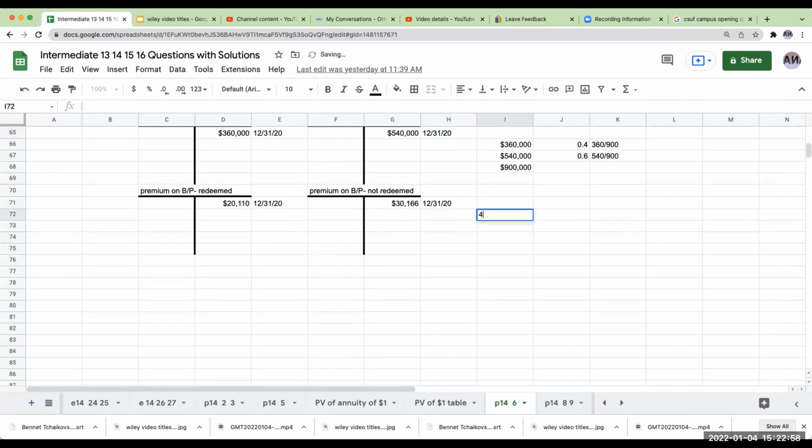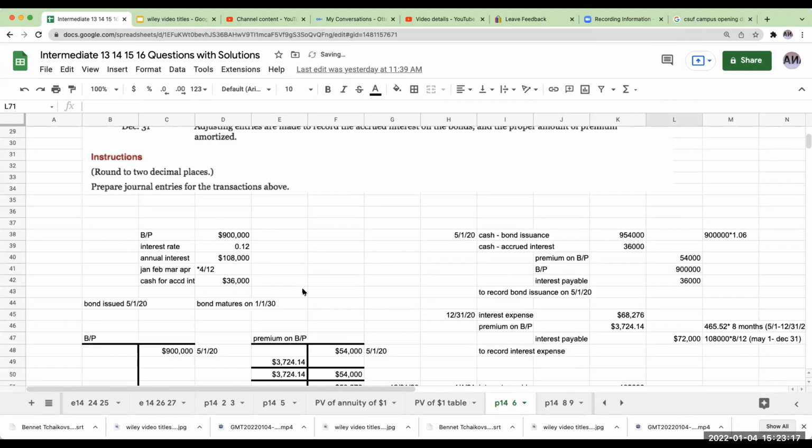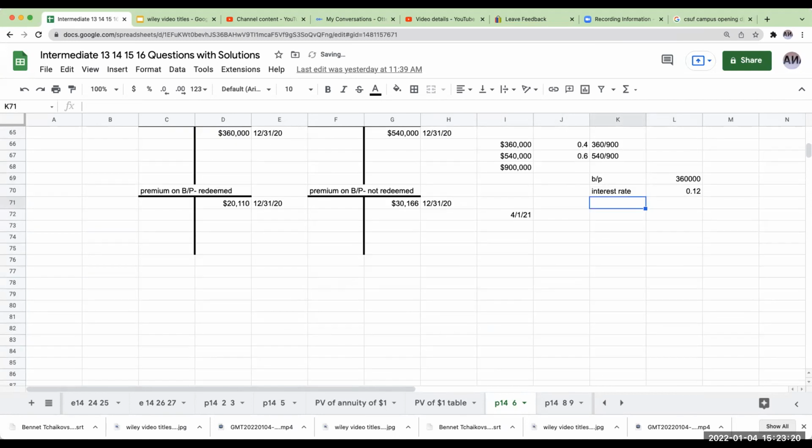So on 4/1/21, my bond payable is at 360,000. My interest rate is 12%, the bond's stated interest rate. So my annual cash payment is going to be 360 times 12%, or 43,200.